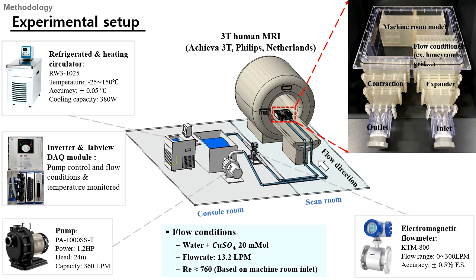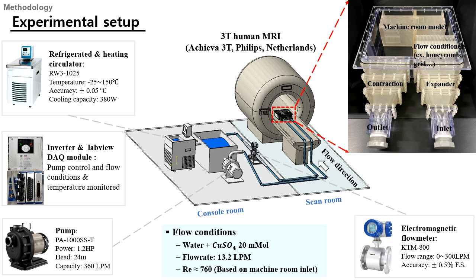Next, I will briefly explain our experimental setup. As you can see in this picture, I have a closed loop circuit including a pump, an electromagnetic flow meter, a refrigerated and heating circulator, and a data acquisition instrument. For this experiment, we use a phantom, which is a reservoir with a half-scale machine room model placed inside the MRI scanner.